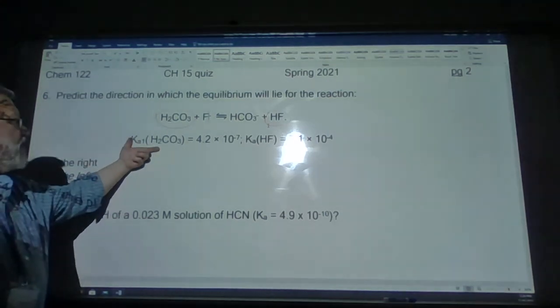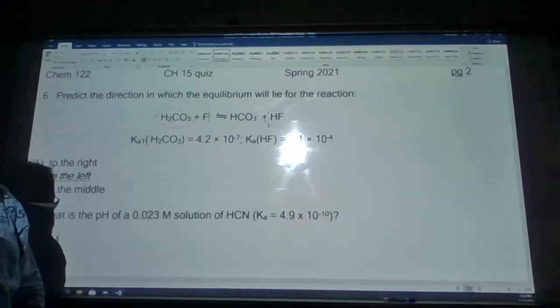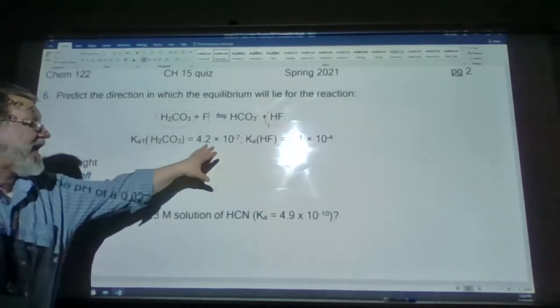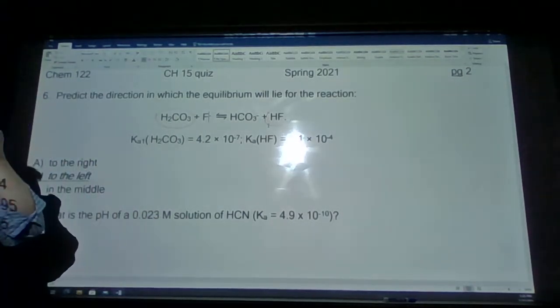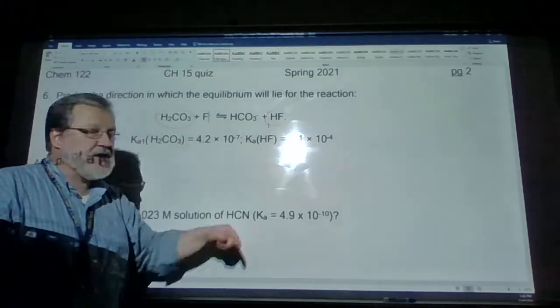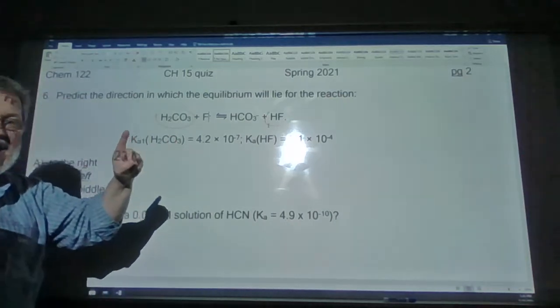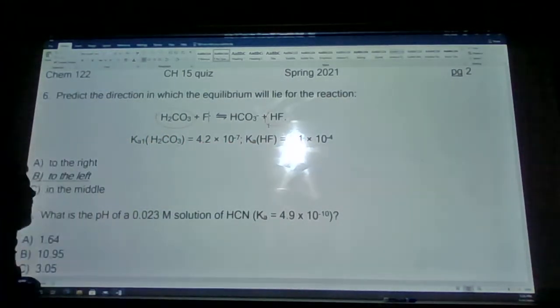The first ionization constant for carbonic acid is about 4.2 times 10 to the minus 7th. The second ionization is even smaller than that. So in this case, we only have to look at this first ionization constant. Ka for HF, since it only has one hydrogen to lose, it only has a Ka1 value, 7.4 times 10 to the minus 4th.